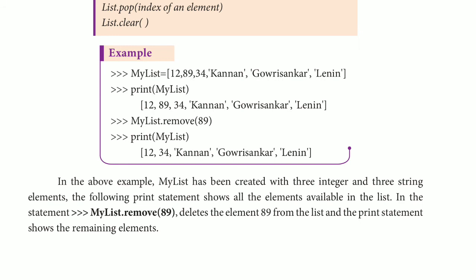So when printing my list, you can see that only the 89 value has been removed. 3 integer values and 3 string values were there. When you remove one integer value, 2 integer values and 3 string values are there.